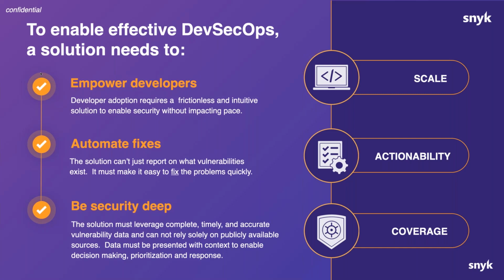And then, of course, to be able to do all that, what's super important is that the information has to be very complete, timely, and accurate when it comes to vulnerability data. We can't just rely solely on the publicly available sources. It really has to be very contextual, and it has to help me make decisions as a developer around fixing the challenges or vulnerabilities, as well as prioritizing them. So coverage in this area is super important.